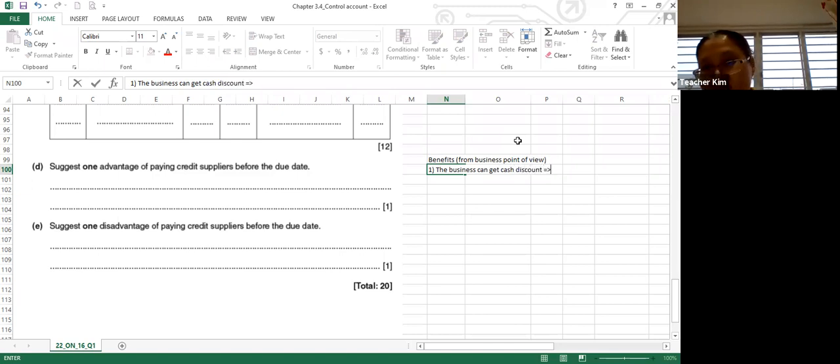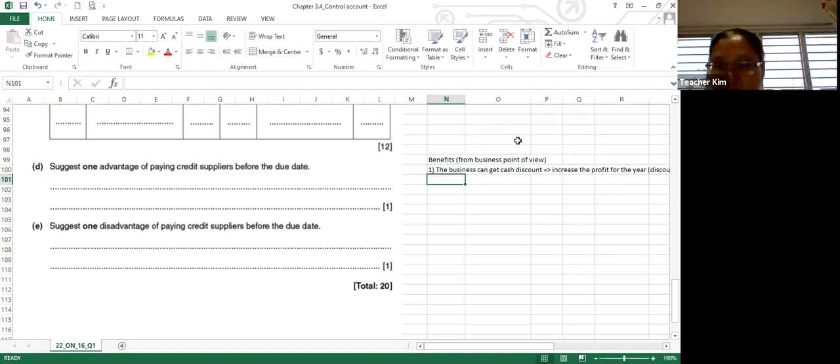Okay, so this cash discount will increase the profit for the year, because this is a discount received. Get the cash discount, and then because you pay people earlier, the relationship with the supplier is good.